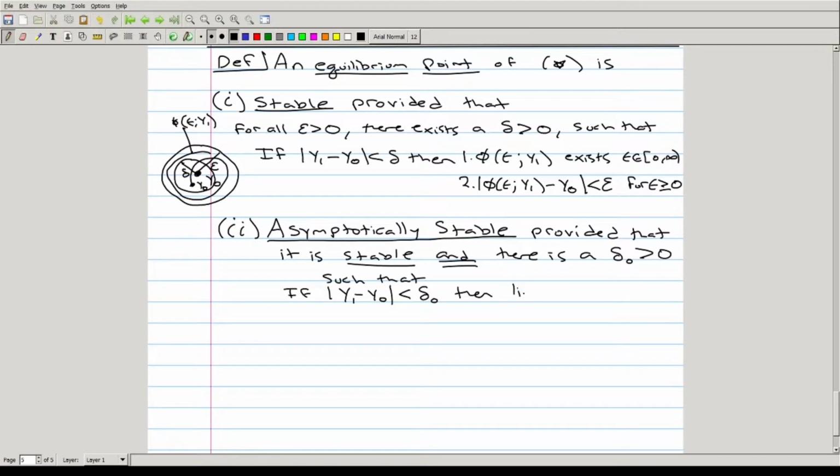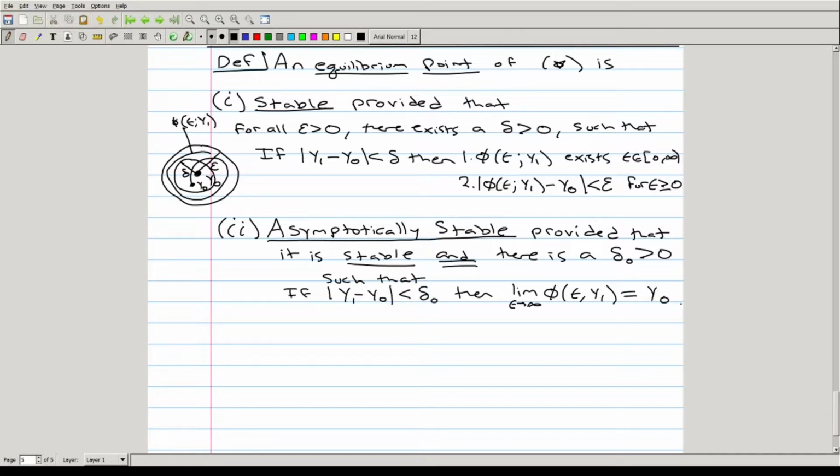the limit as t goes to infinity of the solution phi of t, y1, is equal to y naught. And this is a stronger condition than just stability. This is saying that not only is the solution staying close to y naught, to a given equilibrium point, but furthermore, in the limit as t goes to infinity, it's asymptotically approaching the value of that equilibrium point.